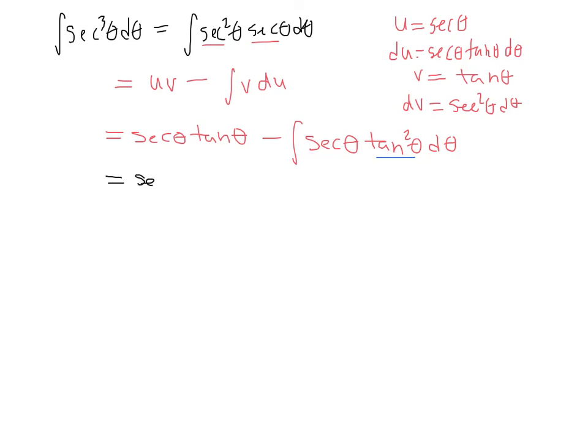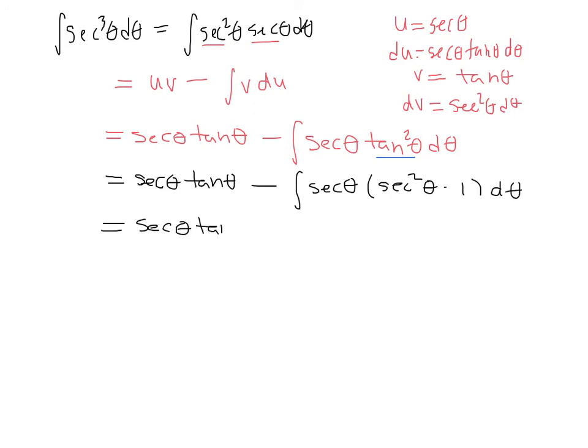So we have secant theta tan theta minus the integral of secant theta multiplied by secant squared theta minus 1 d theta, or secant theta tan theta minus the integral of secant cubed theta plus the integral of secant of theta d theta. This double negative distributing made that into addition.